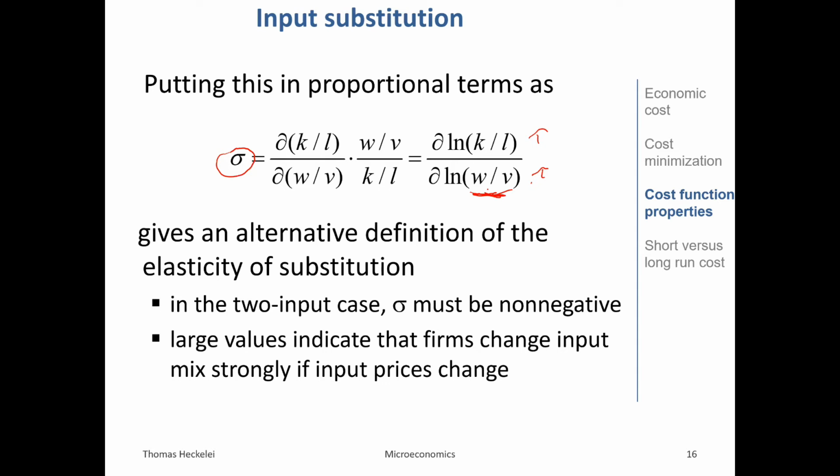We could only do that at the cost minimizing point with the assumption that the firm is minimizing cost. Now, the convenience of using this definition instead of the definition that we had last week is because empirically it's easier to observe.